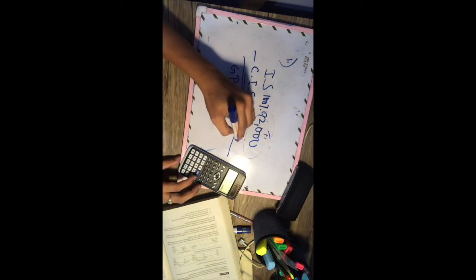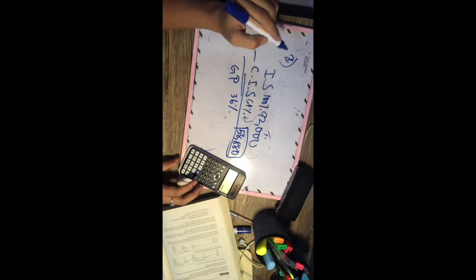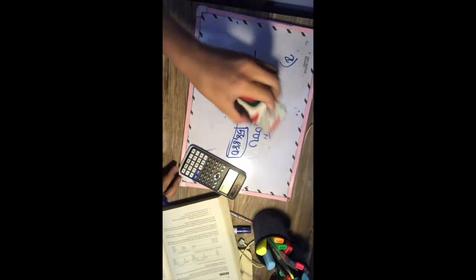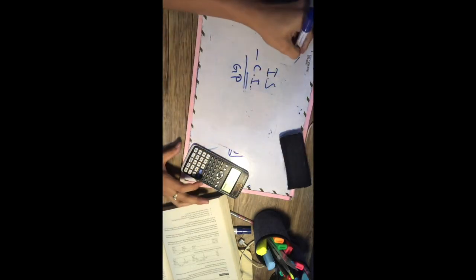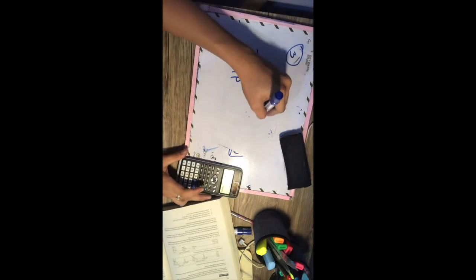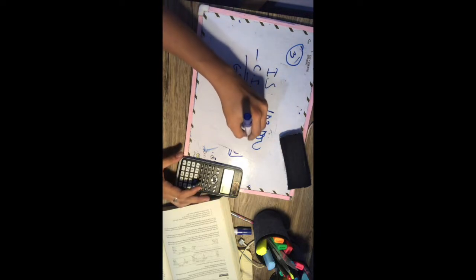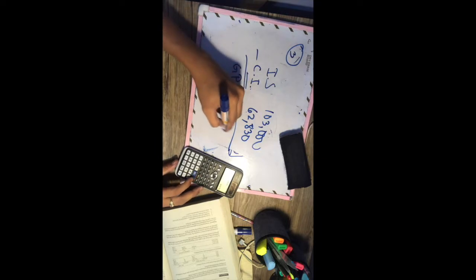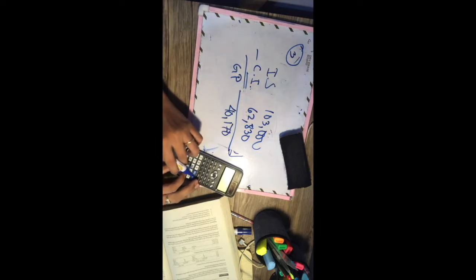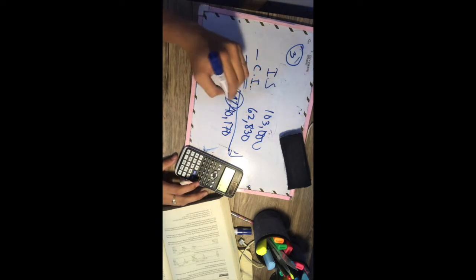Get 58,880. That's number 2. Number 3 is the gross profit percentage. Oh, this is much easier. For number 3, 103,000 minus 62,830, that's 40,170, divided by 103,000, that would give us 39%. Okay, 39%.